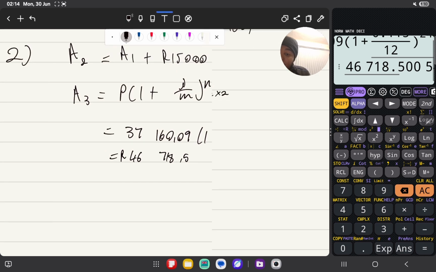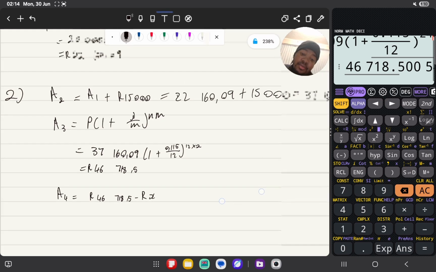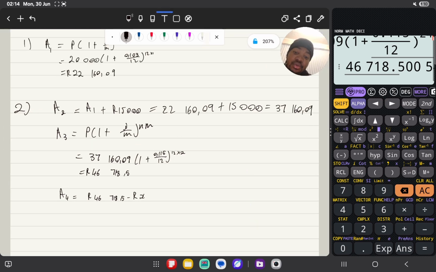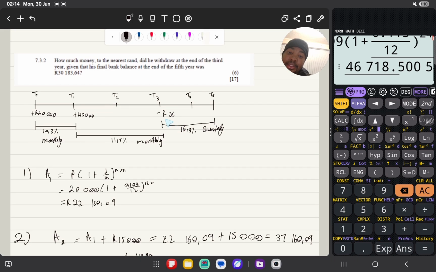And then we have A4, which is 46,718.5 minus X. Let me just say X, which is the value we are calculating for. If we knew that value, we would take A4 and use it to calculate the rest.